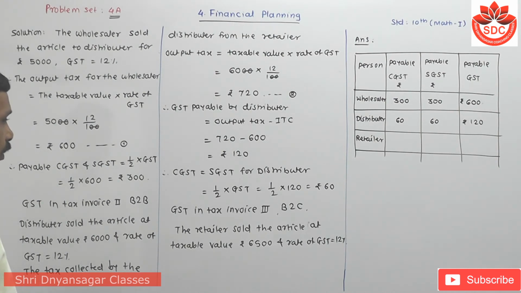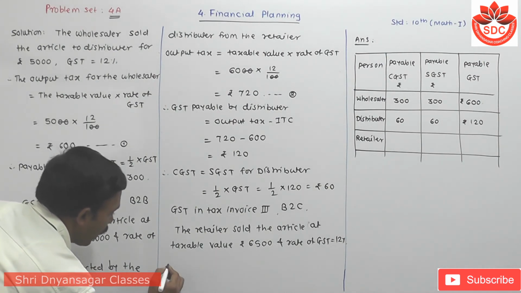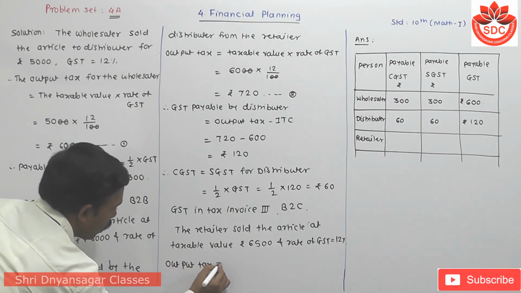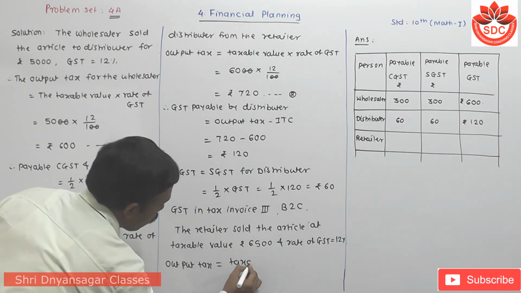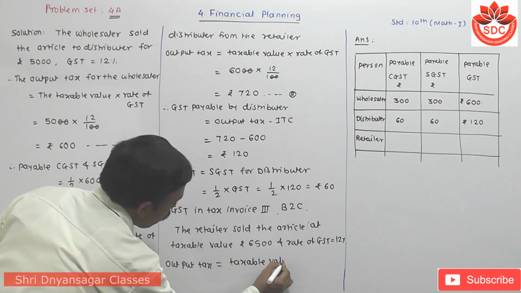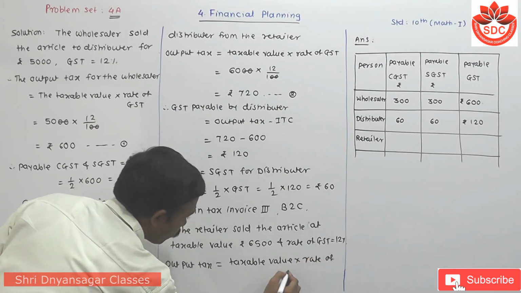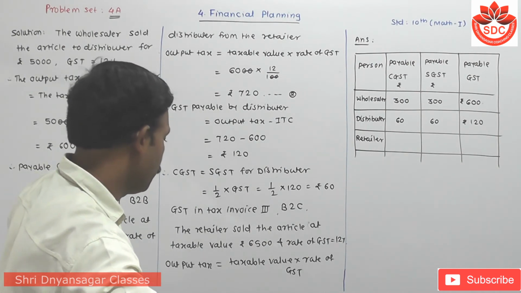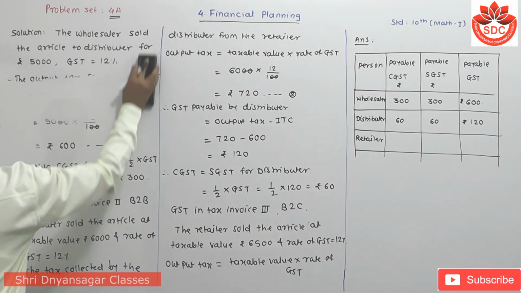Therefore, the tax collected by the retailer from the consumer is output tax. Output tax is equal to taxable value into rate of GST. Students, I have taken this space here, so rub this portion.